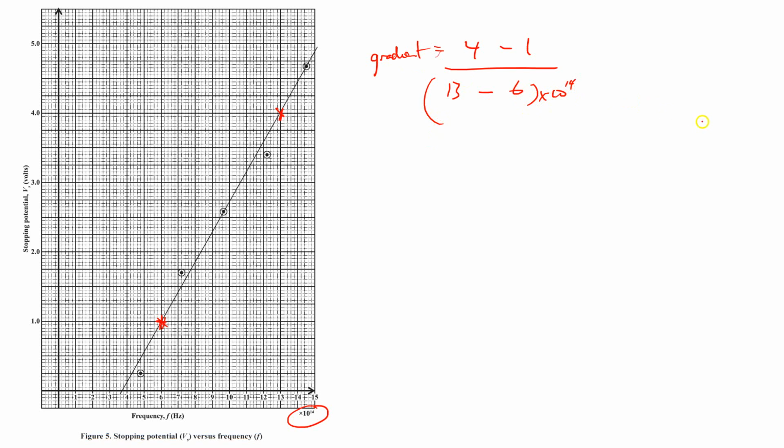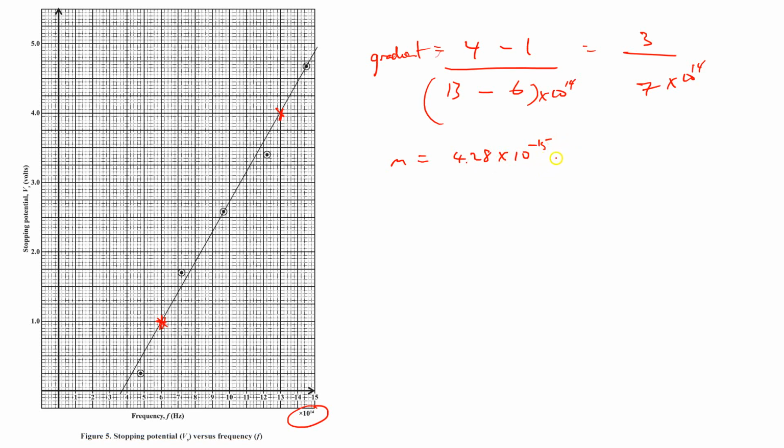So we have 3 divided by 7 times 10 to the 14. So let's do that. We would get that the gradient m is equal to 4.28 times 10 to the 16, I believe, to the minus 16 or minus 15. My calculator is not showing me the exact value.